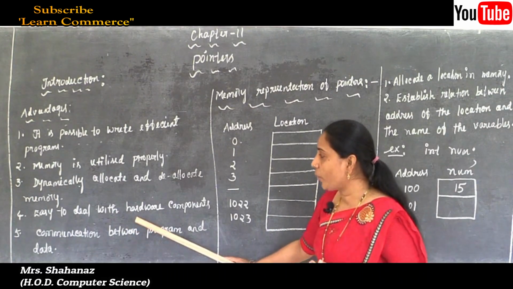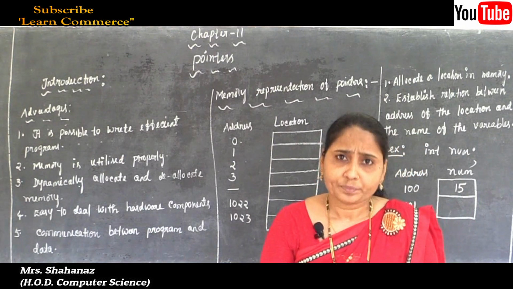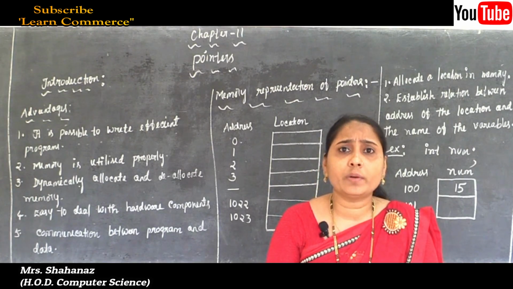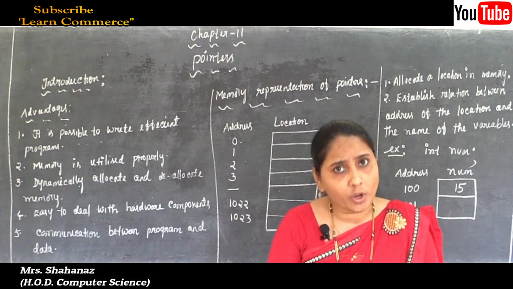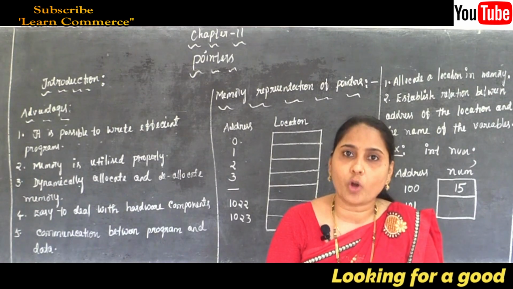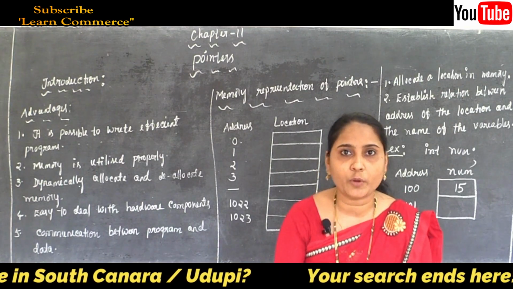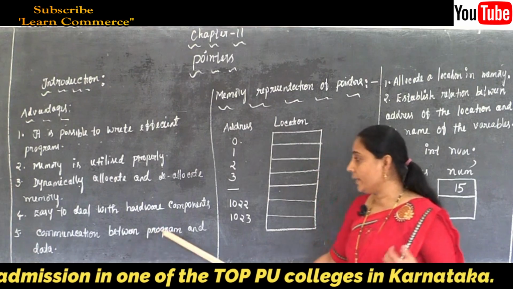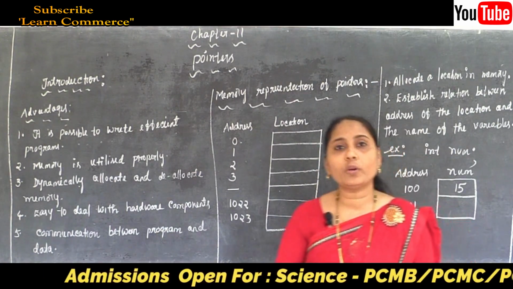And the fourth point, we can say that it is easy to deal with hardware components. Why? Because not only the program, whatever hardware components we are going to use with the pointer concept, all those hardware components are going to work with the pointer programs here. Clear this point here? And finally, we can say that it establishes the communication between the program and the data.